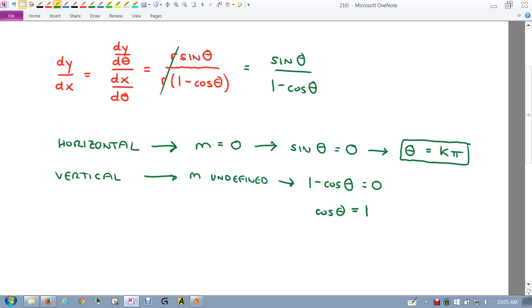And when is cosine of theta 1? Every 2 pi, right? So at 0, it's 1. At 2 pi, it's 1. At 4 pi, it's 1. At 6 pi, so all even multiples. So I'd write it like this. Theta must be, how about 2 pi k? That would give me all the even multiples of pi.